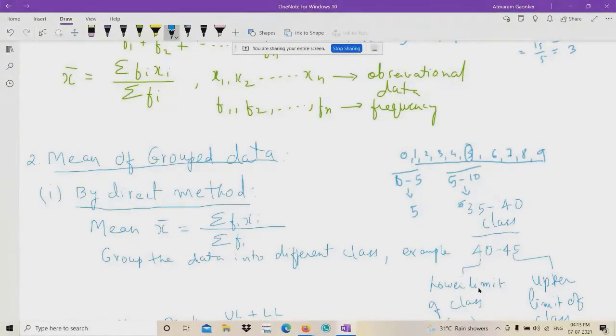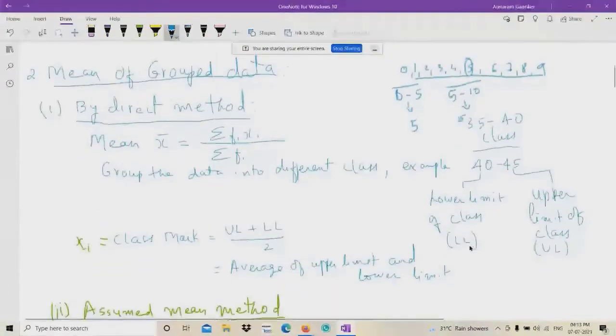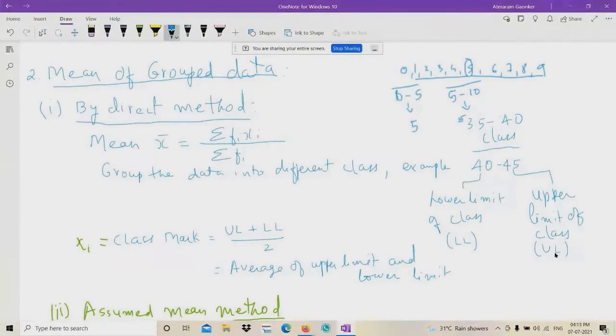So this 40 is called the lower limit of the class, LL, and 45 is called the upper limit of the class, that is UL. And you have to understand what is called the class mark, and it is denoted as xi, and it is equal to upper limit plus lower limit divided by 2, or it is the average of the upper limit and lower limit.